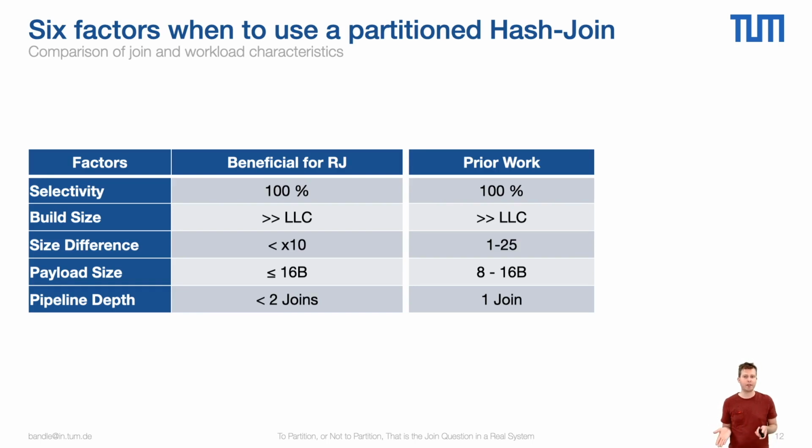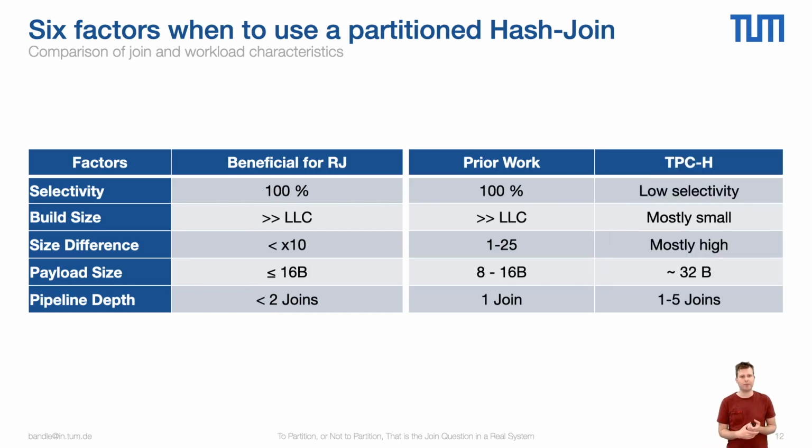And then the payload size, because we're only partitioning integers here, is mostly smaller than 16 bytes, or sometimes even only 8 bytes for our whole tuple, including the hash key. And then since we're only looking at a micro benchmark, it's just one join, and you wouldn't see any synergies for having a non-partition join performing multiple joins after each other.